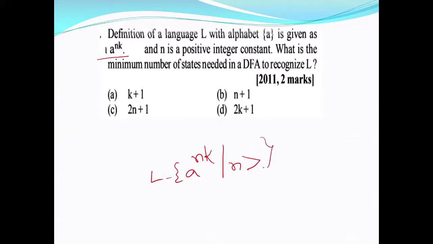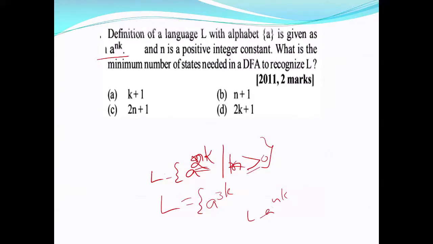If n is 2 you get some language, if n is 3 you get some other language. A power 2k for k greater than or equal to 0, maybe 1, because it is a positive integer, right? Then A power 3k, A power 4k, or nk, right? Then what is the minimum number of states needed in the DFA to recognize it?